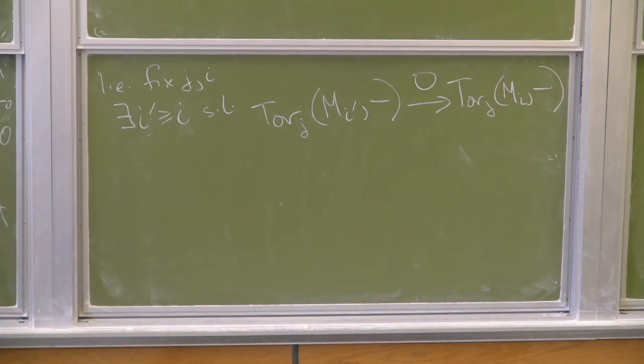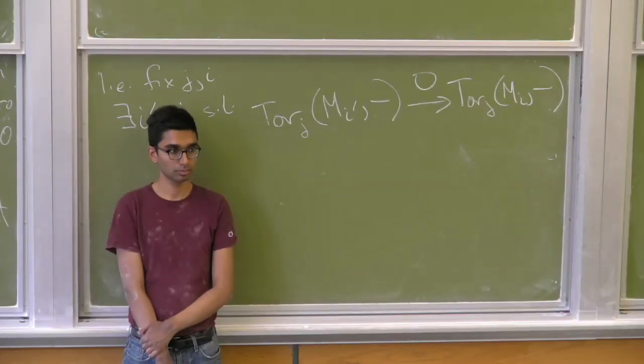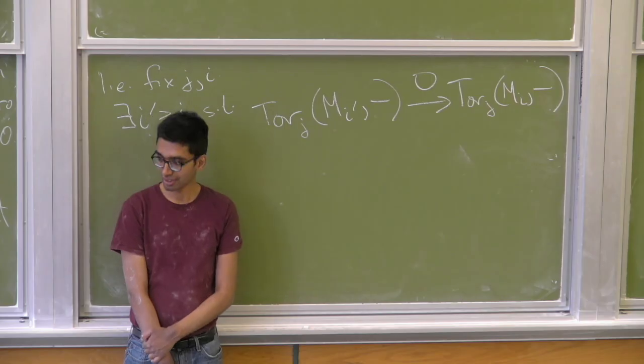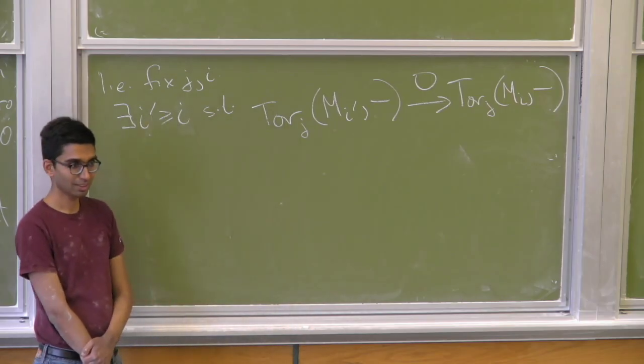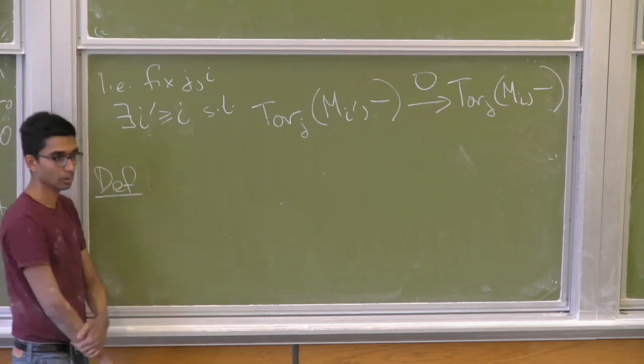You can also take just truncation: take the derived tensor product and truncate it. Maybe I should formulate that, and this seems to be stronger.